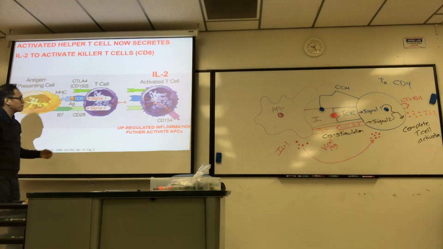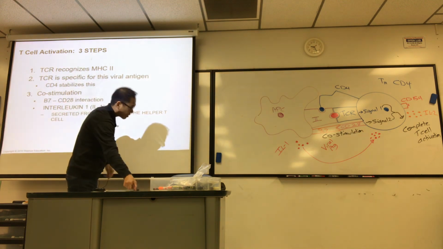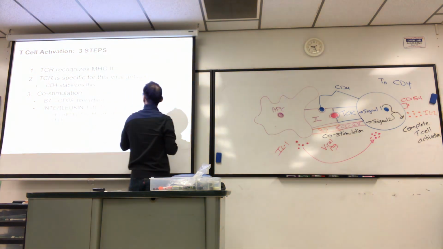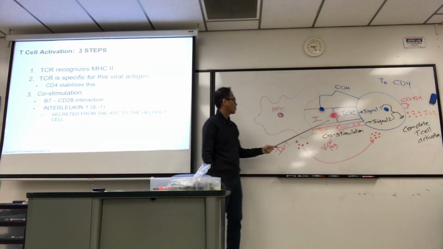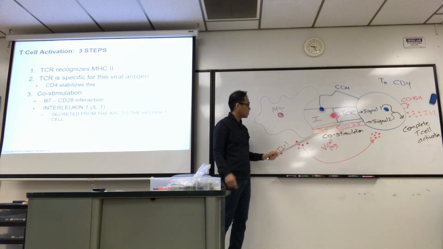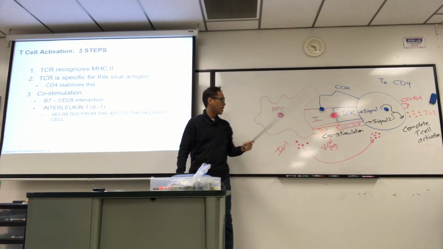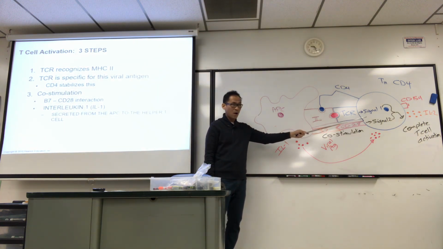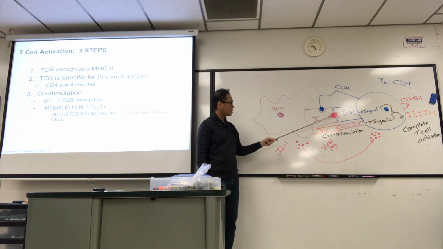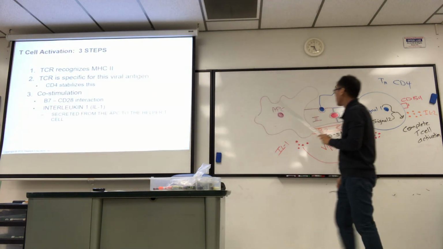So we said in this outline, for T cell activation, number 1, you've got to recognize MHC2. So CD4 interacts with MHC2. Check that. Number 2, the TCR is specific for this viral antigen. This particular clone has to recognize that particular, well, I drew it as a red ball. That's step 2, and CD4 stabilizes this.